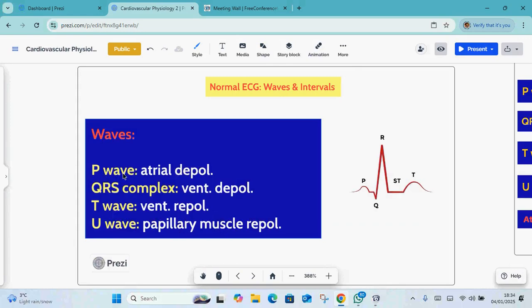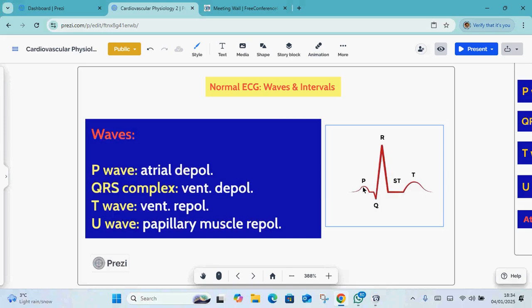There is no name for the wave of atrial repolarization because it doesn't show on the normal ECG, because after atrial depolarization, the ventricular depolarization masks the atrial repolarization wave. Therefore, there is no wave for atrial repolarization. However, there is a wave for ventricular repolarization, which is the T wave.